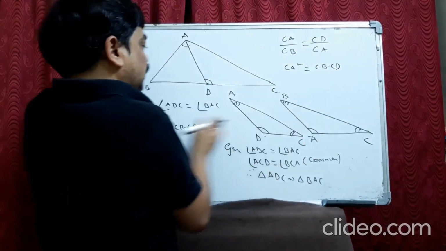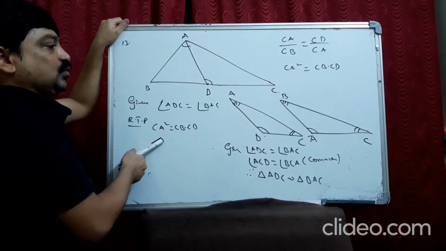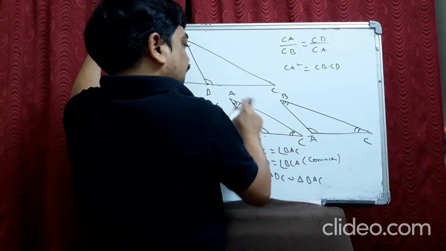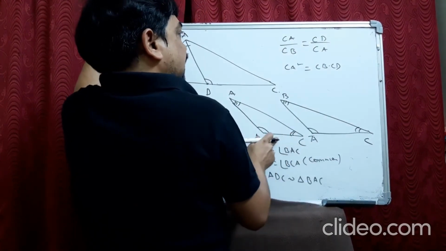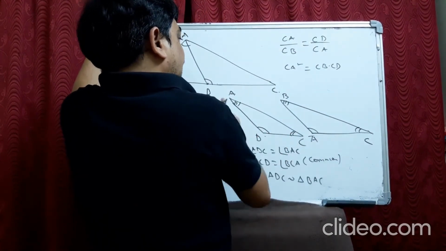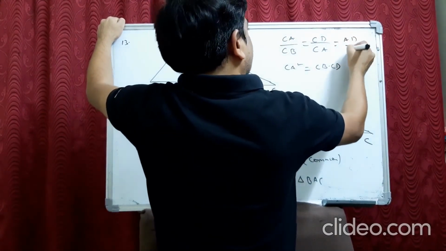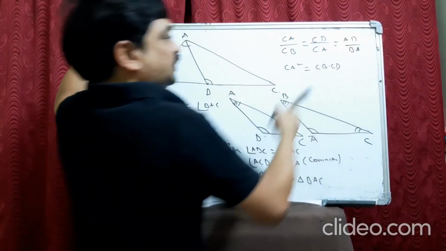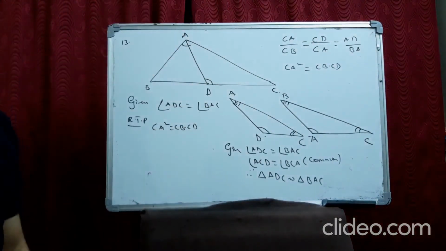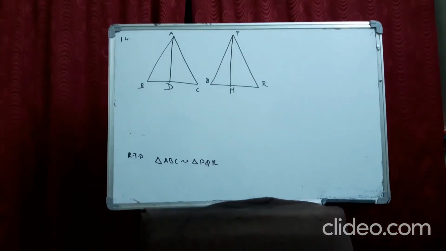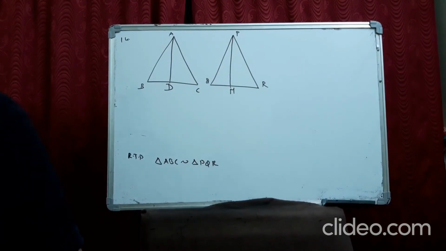You can take the other side also, but we don't need. We need only two. Or otherwise you can write CA by CD, CD by CA, and AD by BA also, but it is not required for this proof. Okay? Right.